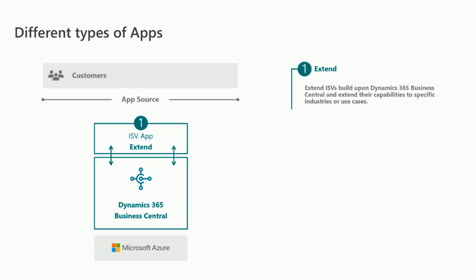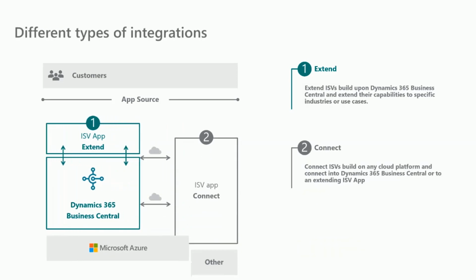And you deploy that extension to a tenant, and then it'll enrich the functionality in Business Central, either doing new tables, new pages, and also new APIs if you want to do your custom APIs. But that's in its own programming language called AL, and it has its own deployment model as well. So that's one type of extensions published to AppSource.